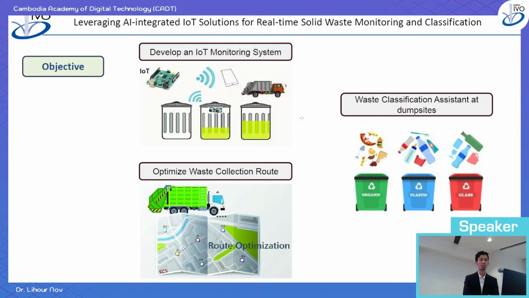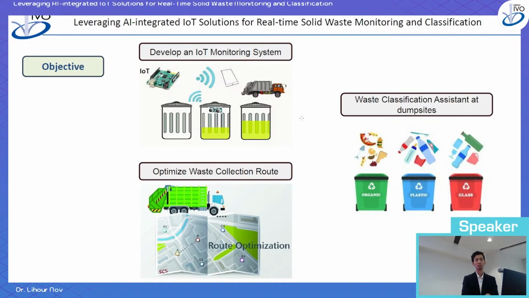process. The other one is about waste segregation, where we want to implement a waste classification assistant at the dump site. As I mentioned, people usually just throw everything into one bag, and they don't really care about how the management will classify those items and manage the waste efficiently.